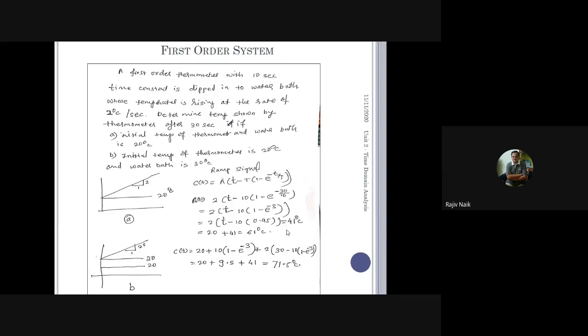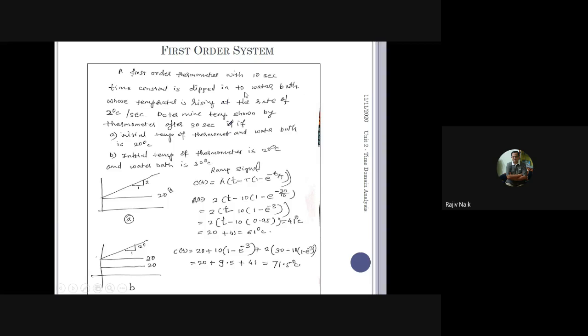It continuously lags. It will never reach that, because there is a constant gap equal to the time constant of the system. So if you wait for an infinite amount of time, there is a 2 degree centigrade error, equal to the time constant of the system, which is 10 seconds.